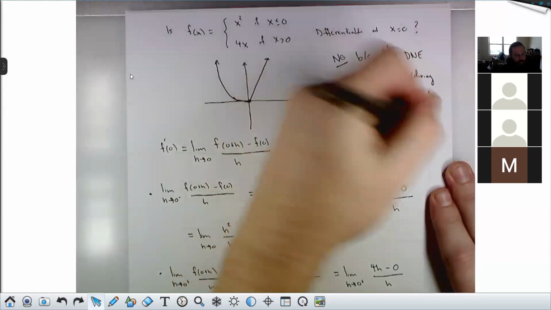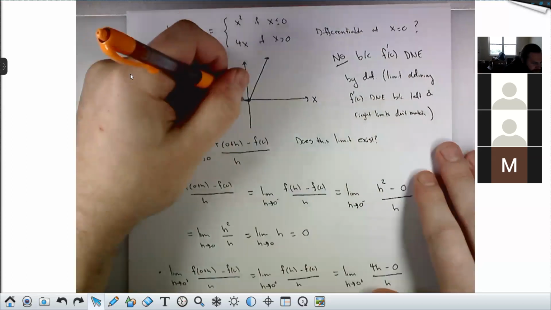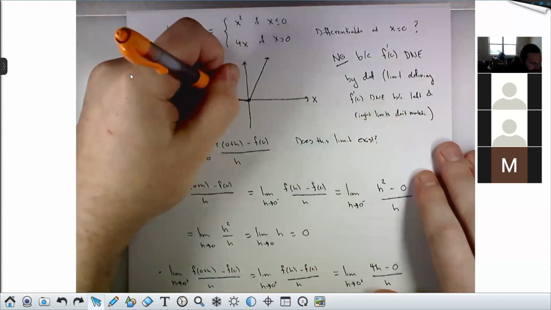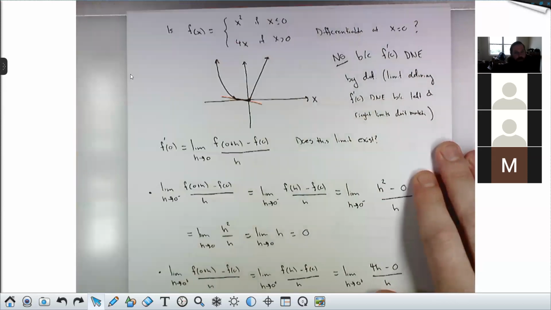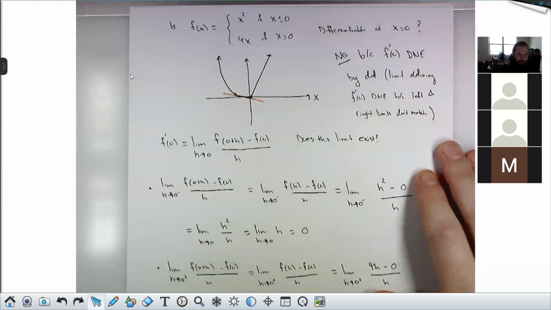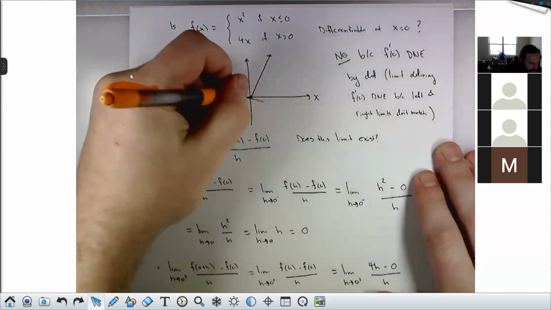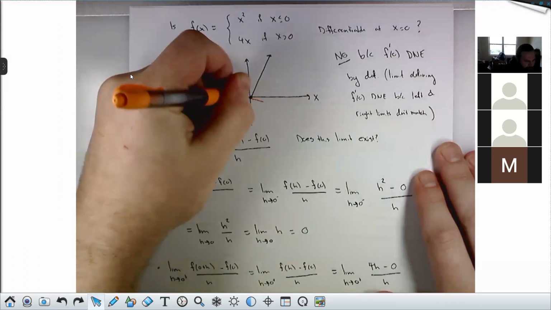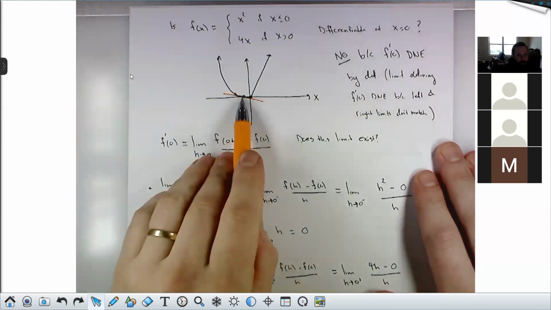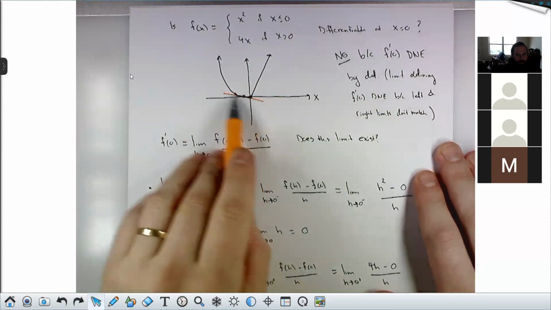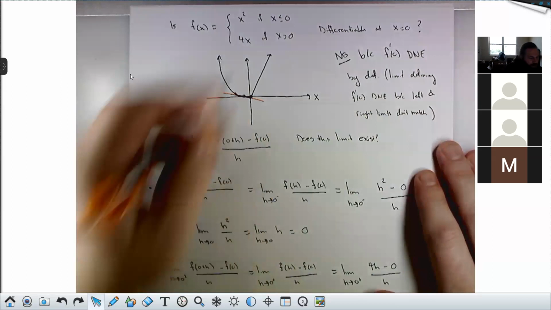The way we should think of this, Mackenzie, is as we get very close to 0 on the left-hand side, my tangent lines look like this, right? If my point of tangency is just a tiny micrometer to the left of 0 and I bring it closer and closer to 0 from the left, these tangent lines are going towards being horizontal.